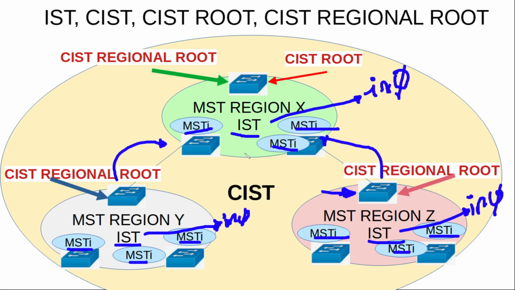And in this case, this particular region X has a CIST regional root that happens to be also the CIST root. That means that this is the root of the whole domain. And CIST is a collection of regions. So I hope this makes sense.